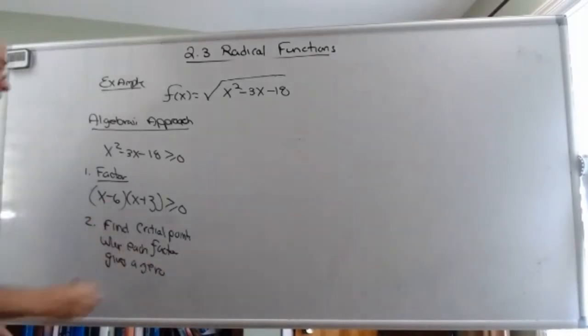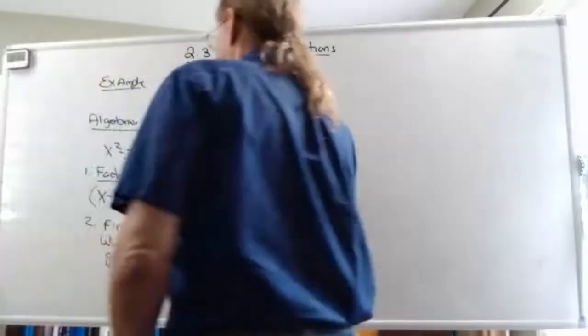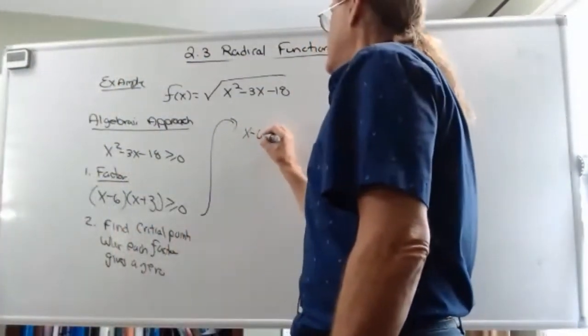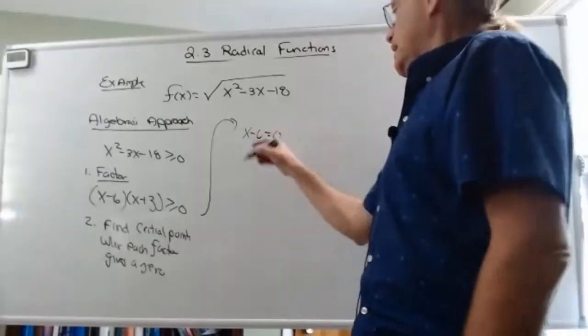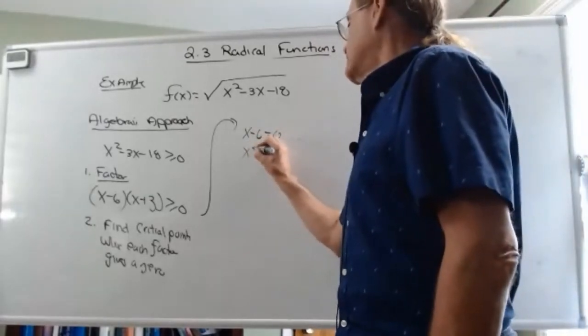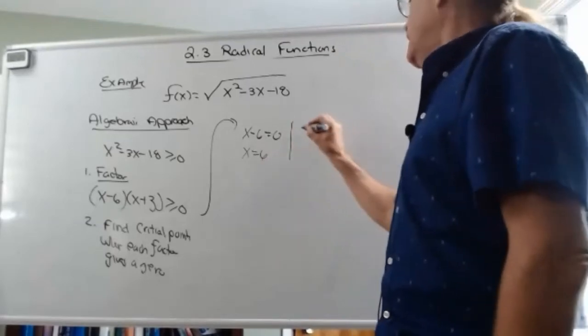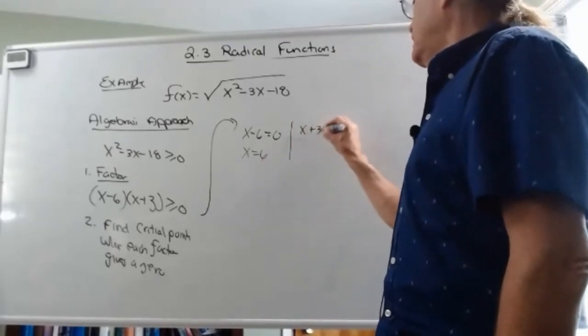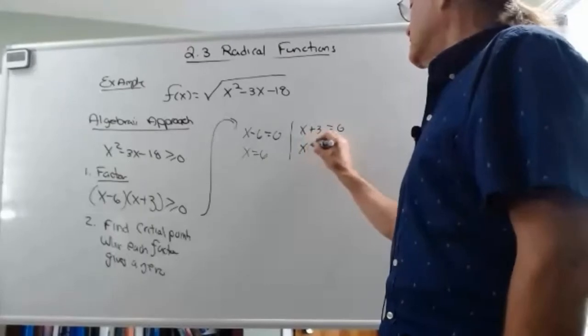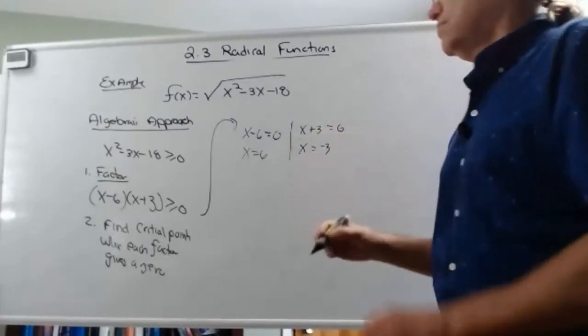So I solved each of those separately. I said that x minus 6 is 0, adding 6 to both sides says x is equal to 6. And then the other one, x plus 3 is equal to 0, or x is equal to negative 3. Those are my two critical points.